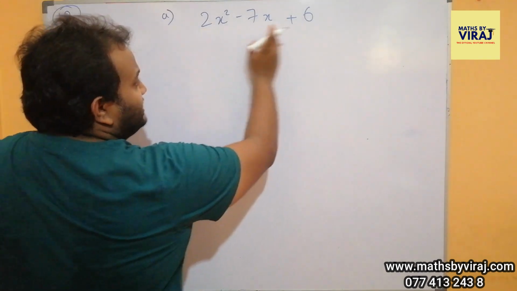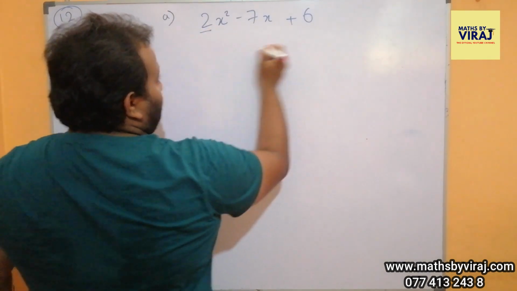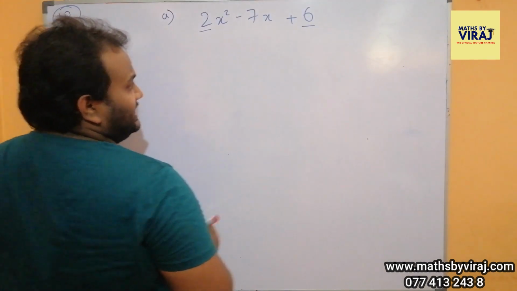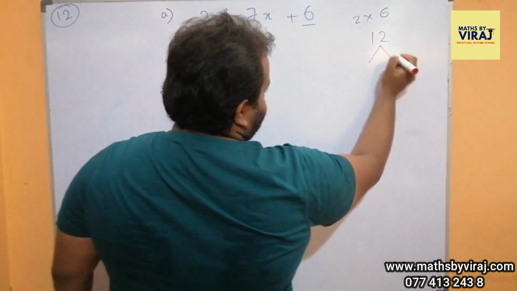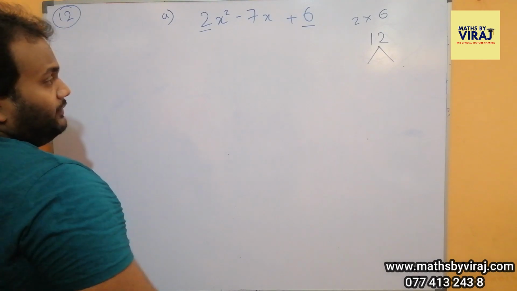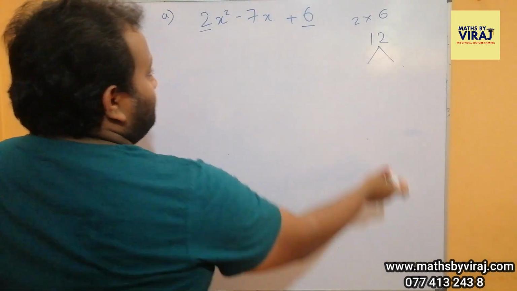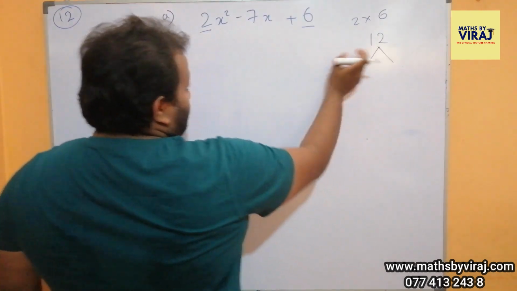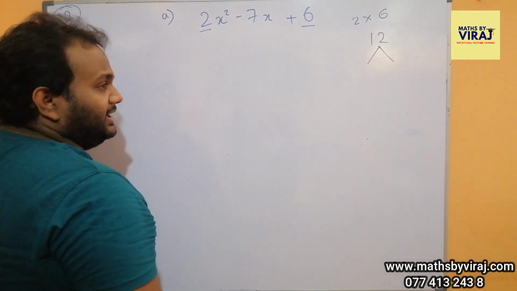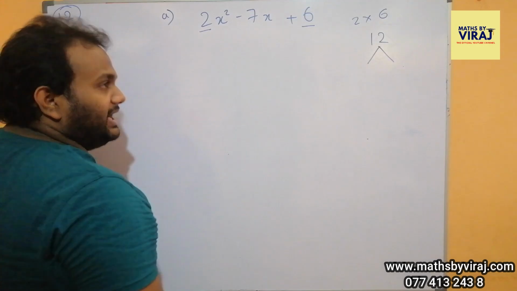Now children, when we have such an expression, we multiply these two numbers, 2 and 6, so that we get the answer 12. We should find two numbers that multiplied form plus 12, and when those two numbers are added, we should get the answer minus 7.